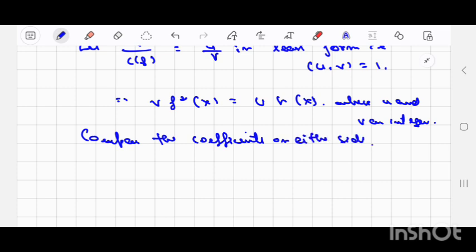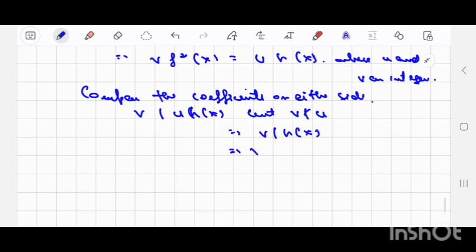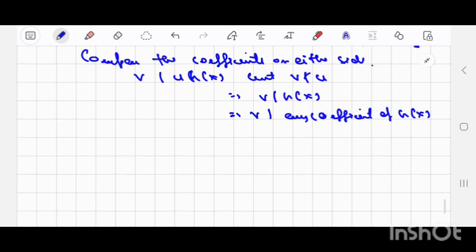What do I have from here? Now v must divide u times h of x, but v doesn't divide u, so this means v divides h of x. v is an integer, that means v divides every coefficient of h of x, but h of x is primitive, the only common factor of the coefficients of h of x is 1, this implies v must be 1.